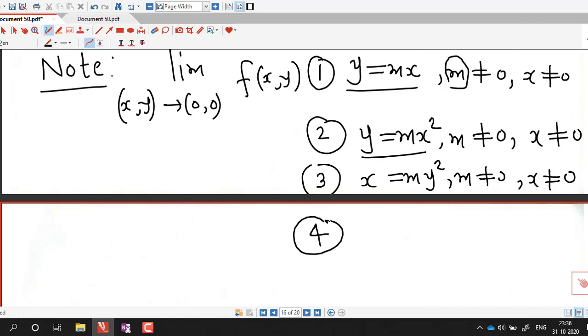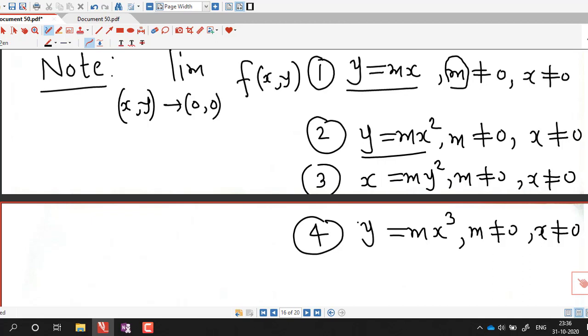Now if we are getting the same limit in path 3 also, then we can think of this cubic path passing through the origin. So if we are getting the same answer along all the paths which we have shown here, then there are chances that the limit exists, and that common value may be the limit of the given function. So from this we can get the idea whether the limit exists or not.